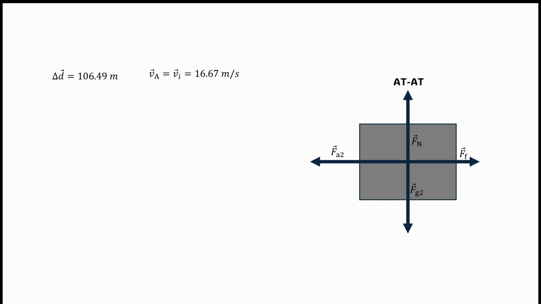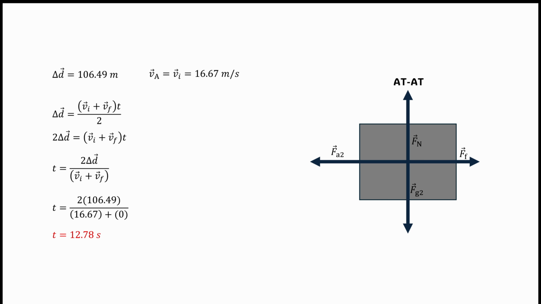Then, of course, using our kinematic equations, we can solve for t. Isolating for t, we get that it's equal to 2 times the displacement over the sum of the velocities, which is 12.78 seconds. Meaning that if the AT-AT stopped applying force, it would take 12.78 seconds for it to reach rest, during which it would travel 106.49 meters.